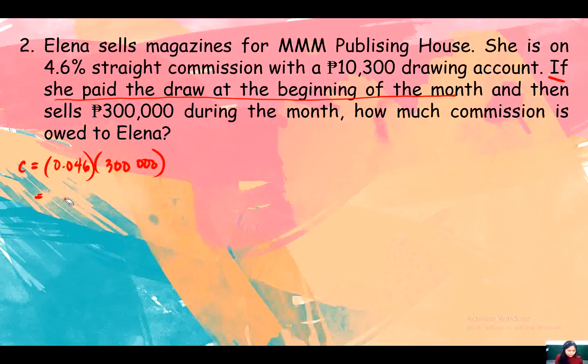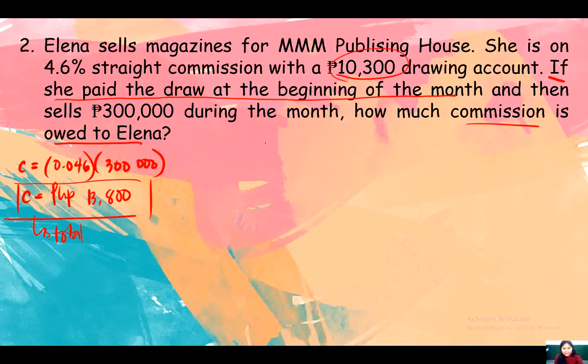So, we have 13,800 pesos. Ito yung kanyang total commission. Okay? Ang tinatanong dyan, how much commission is owed to Elena. Meron na siyang 10,300 drawing account, if she paid the draw at the beginning. So, what we're going to do is we are going to subtract. Okay? So, we have 3,500.